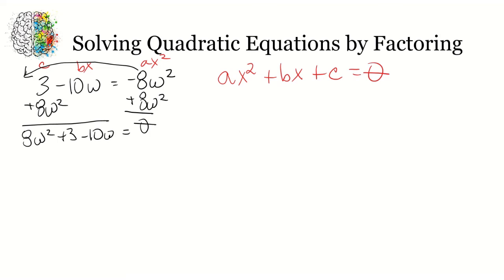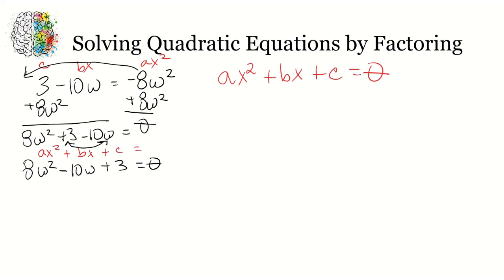So it's almost correct. Now we just need to swap these so that everything's in the correct order. So now I have 8w squared minus 10w plus 3 equals 0. So now my polynomial expression is in the form of a quadratic expression.